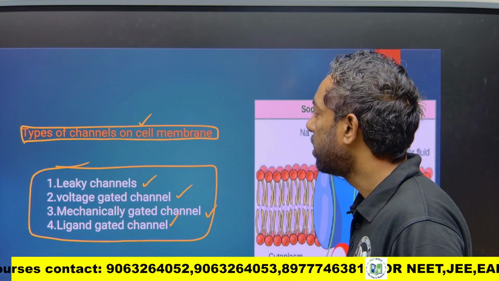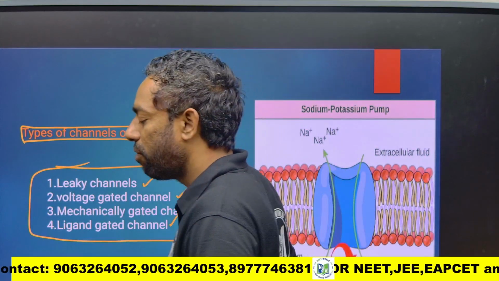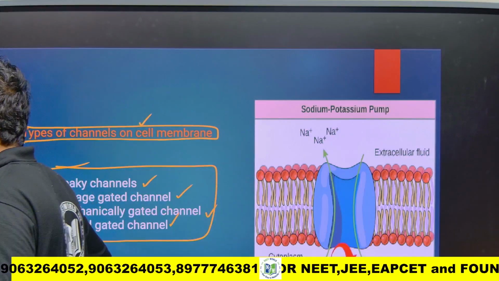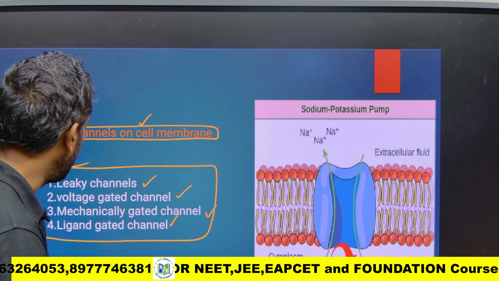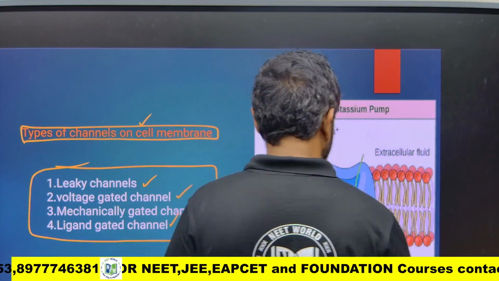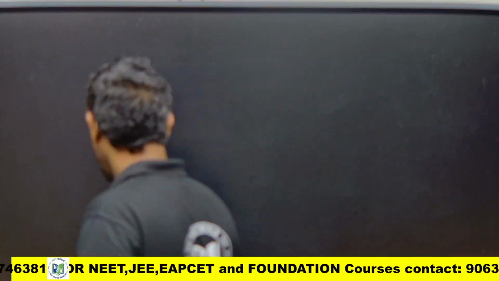Types of channels on the cell membrane. What are the channels? Leaky channels, voltage gated channels, mechanically gated channels and ligand gated channels. Do not confuse. This is the axonal membrane. First, the leakage channel, meaning the sodium potassium leak channel.